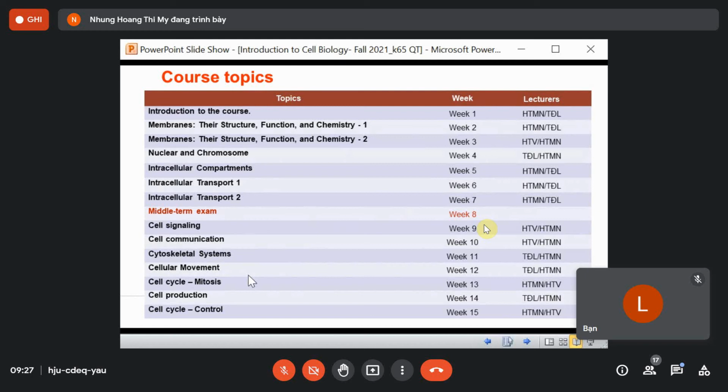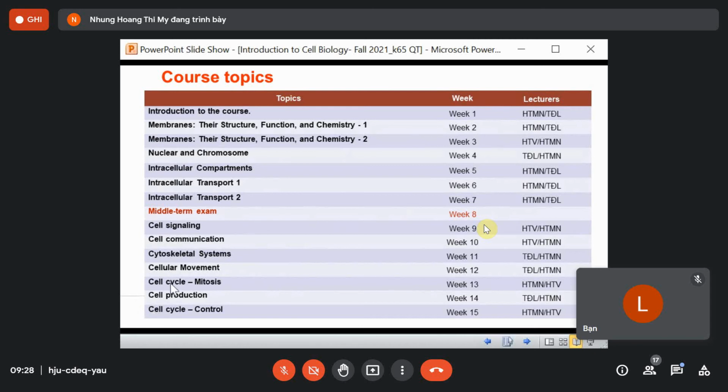How the cell can do this kind of physical movement depends on the cytoskeleton system inside the cell and the signals they receive, and also how the molecules inside the cell control the cytoskeleton and make the cell move. In the last three weeks, you will understand about the cell cycle.